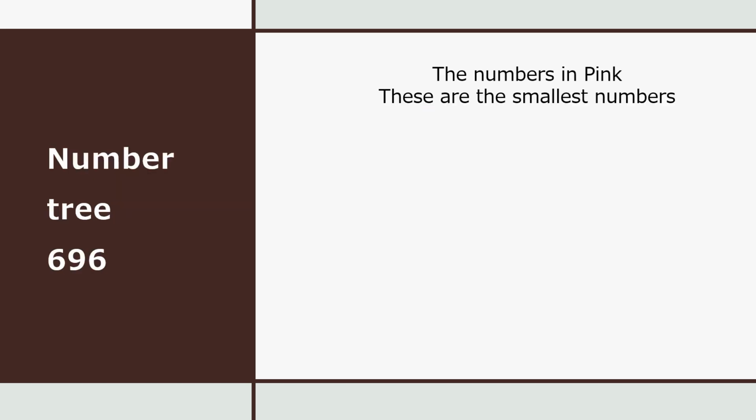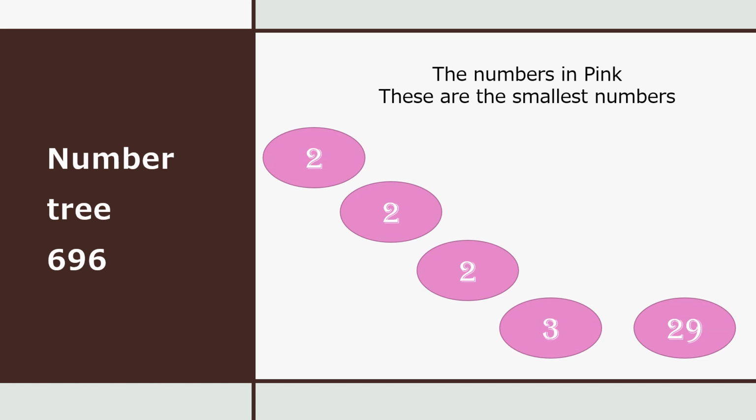So again, we write down all the pink numbers. We multiply all of them and how much should we get? We get 696. Were you able to do this correctly? Did you understand how we drew the number tree? That is how we draw the number tree. That is the end of the lesson today.